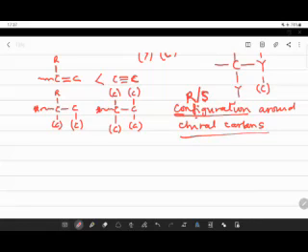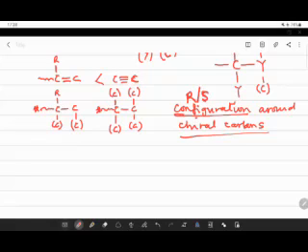So let me go over some of the concepts that we've talked about. We've talked about chiral molecules as compounds containing carbon that has 4 different groups attached to it.